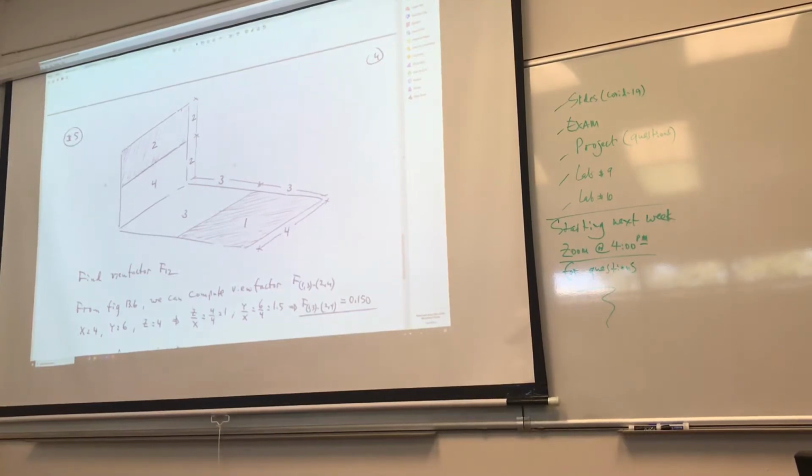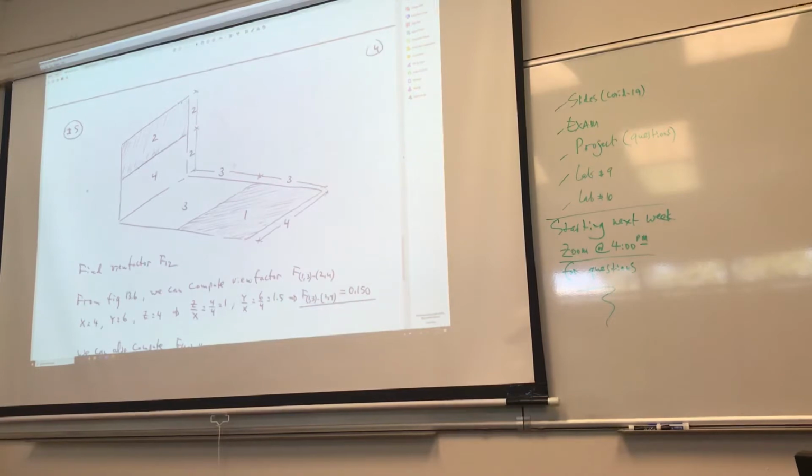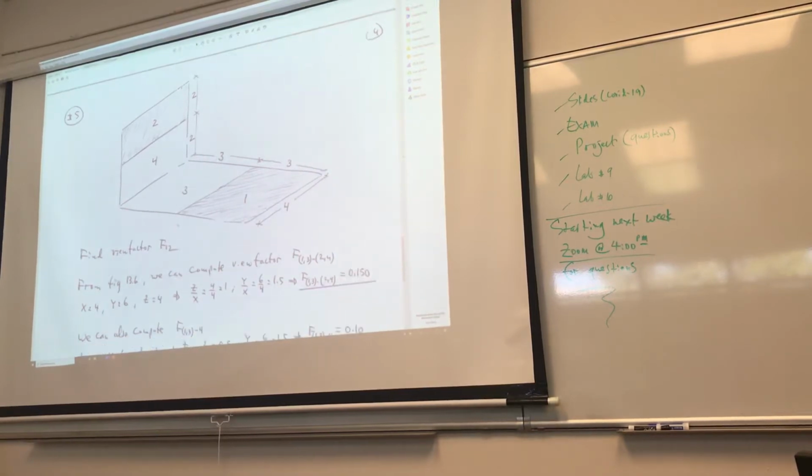And the big question here is, okay, how am I going to do this? Well, figure 13.6, because most of these surfaces are perpendicular to each other, right? So what you can do is combine these two surfaces, 2 and 4, and 1 and 3, and figure out what is the shape factor of this entire surface, right?